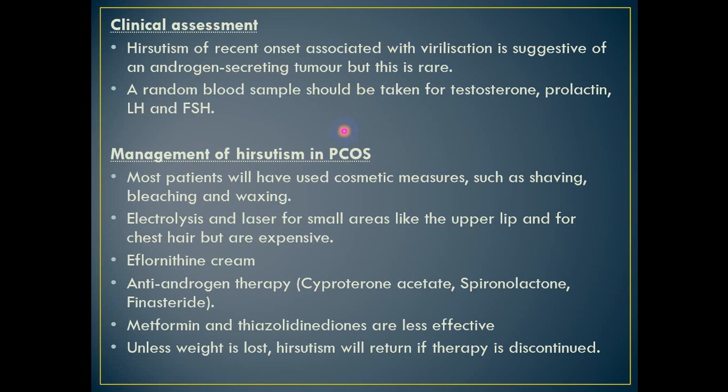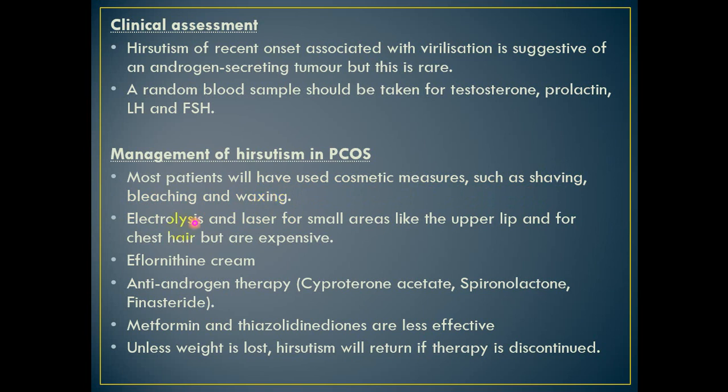But in this case, if the patient's underlying cause is polycystic ovarian syndrome, how do we manage hirsutism in these patients? Most patients, because drug therapy or pharmacotherapy has a delayed response, use cosmetic measures first, such as shaving, bleaching, waxing.